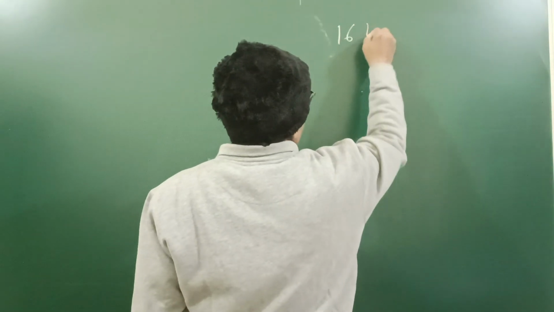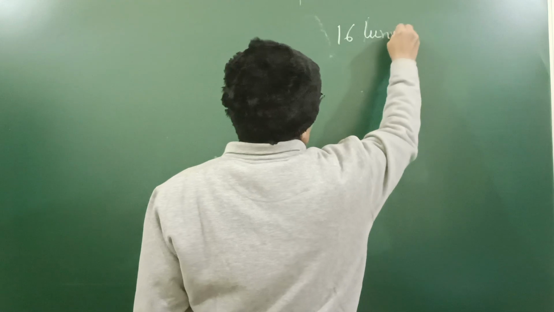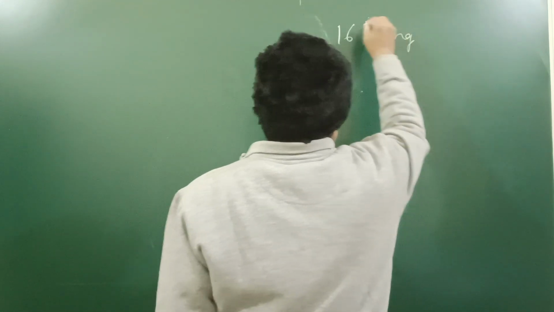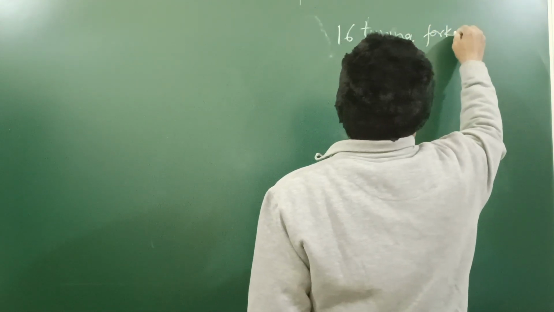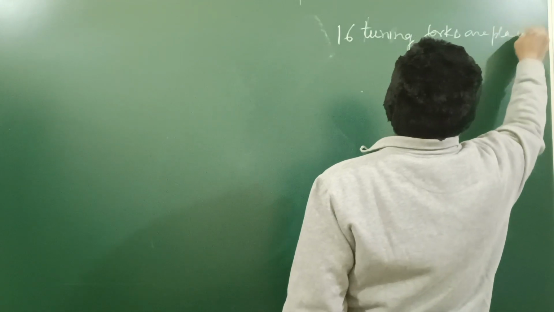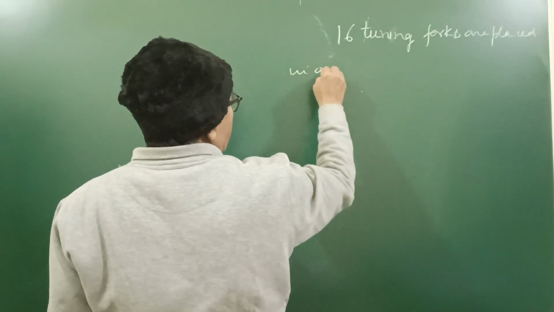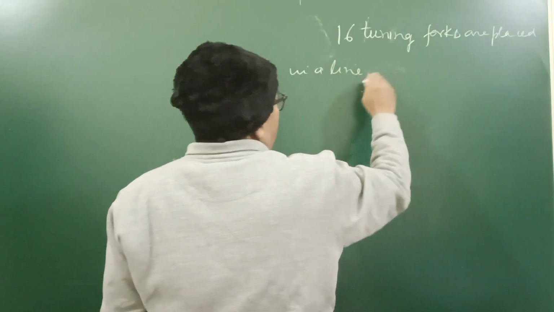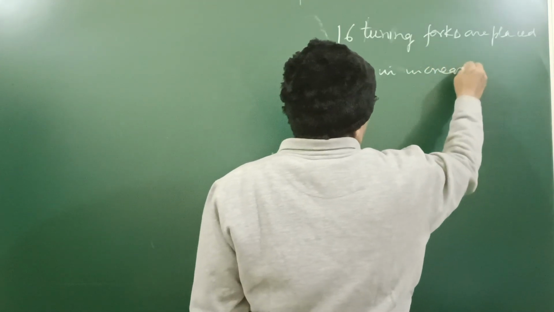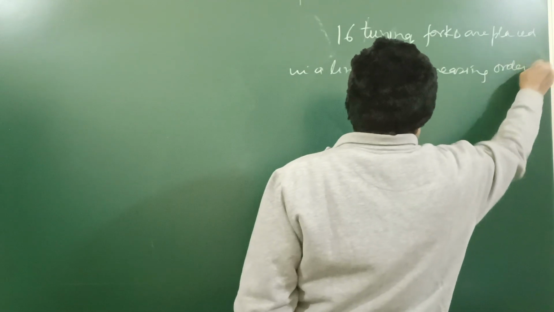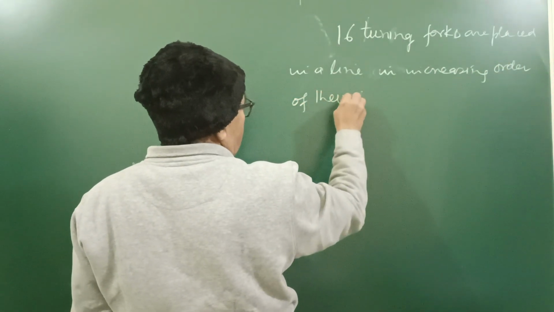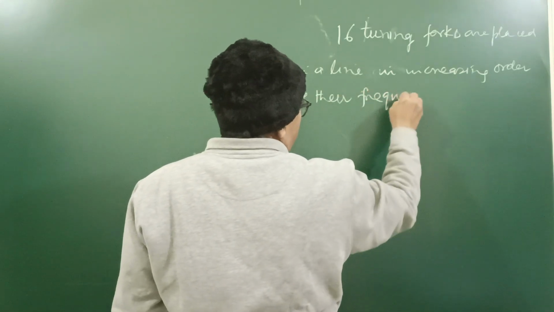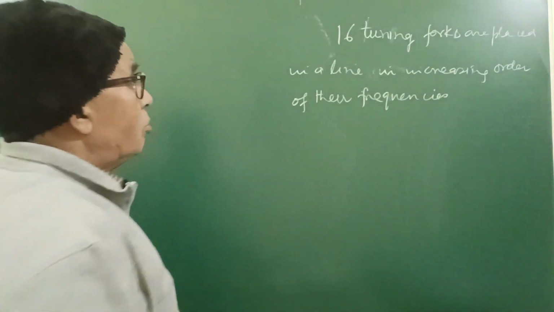Now I give another question here. 16 tuning forks are placed in a line in order of their increasing frequencies.